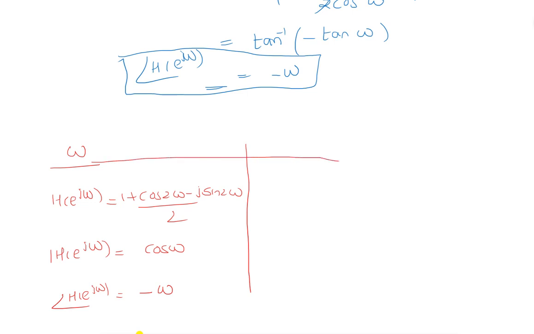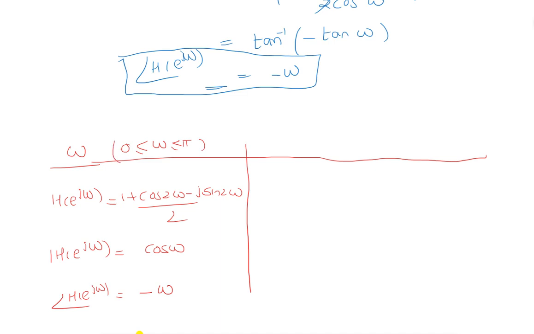We know that modulus of H of e to the power of j omega is an even or symmetric function, and the phase response of H of e to the j omega is an odd or antisymmetric function with a period of 2 pi in omega. So we can consider the interval of omega in the range 0 less than or equal to omega less than or equal to pi.